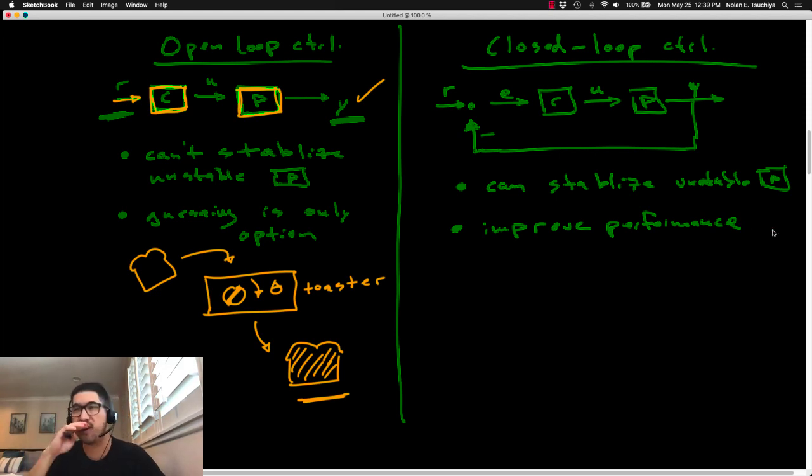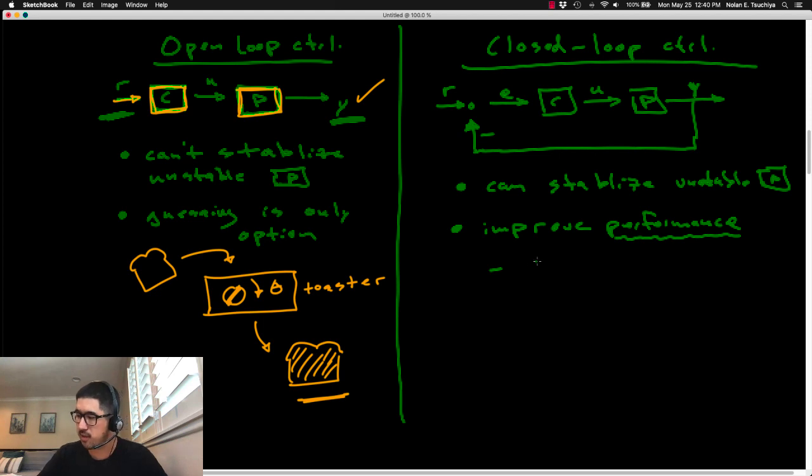You can shape the output however you'd like by using feedback control. Performance is kind of hand wavy. I haven't defined what performance means, and we're going to get into that throughout this series.